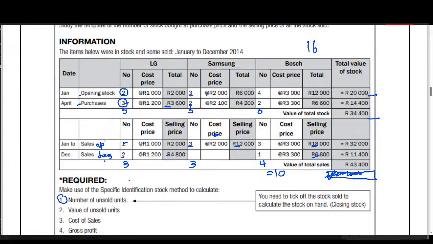And when we go back to our table, what you have analyzed, you have said you have 16 items available. You have sold 10 items. So how many units are unsold? 16 minus 10. We have 6 items that are unsold.